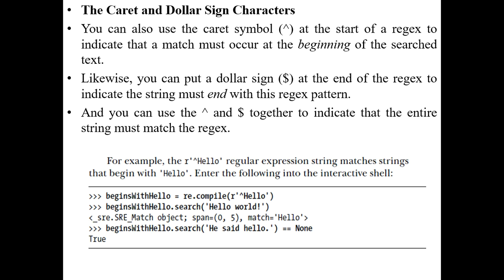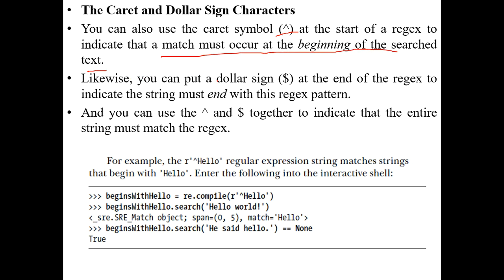Moving to the next concept, which is the caret and $ sign characters. One thing you have to remember: when we use the caret symbol at the starting of a regular expression, it specifies the match must start at the beginning of the searched text.